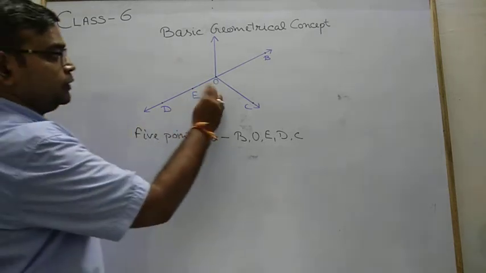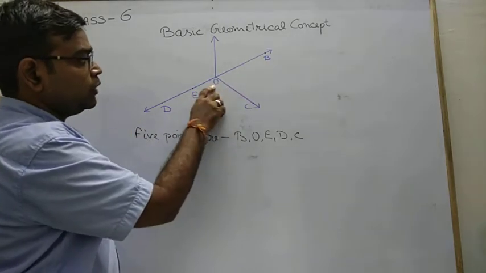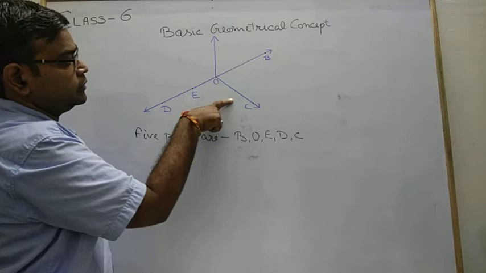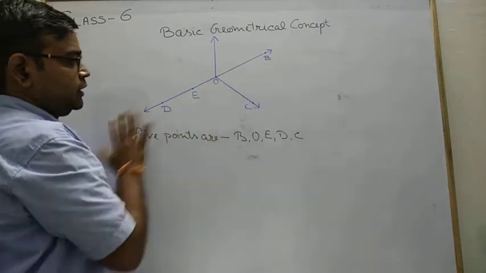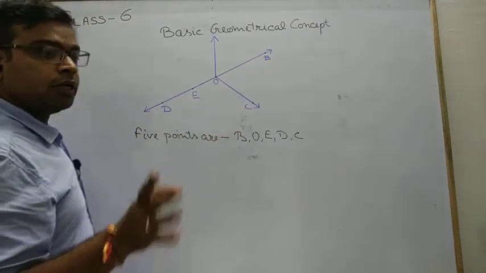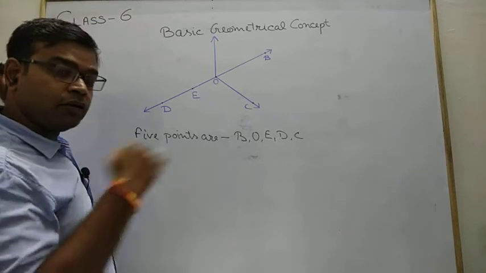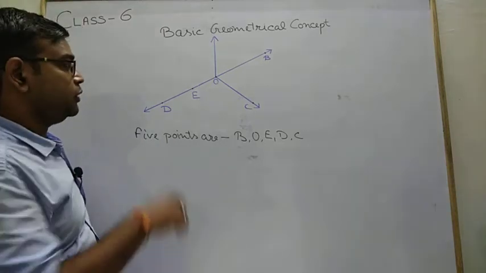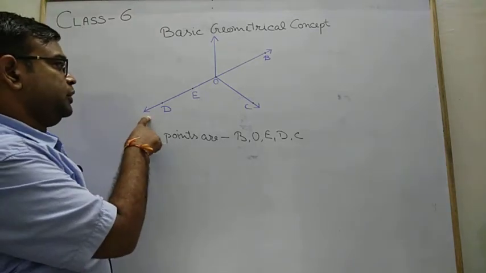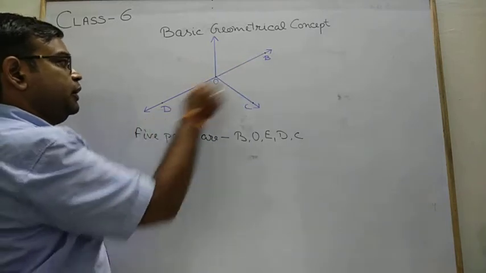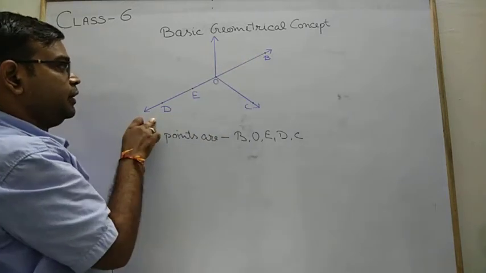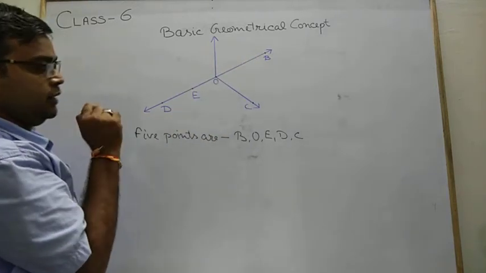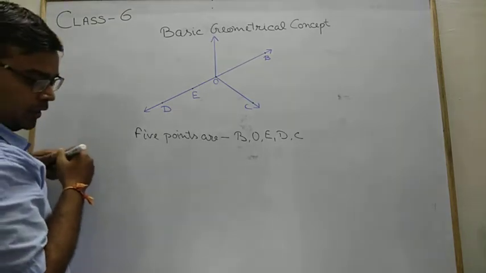If we observe this side from point O, all these three are rays. I am talking only about this side. What I told you is that a line can be extended in either direction. So in this figure only one line is there.